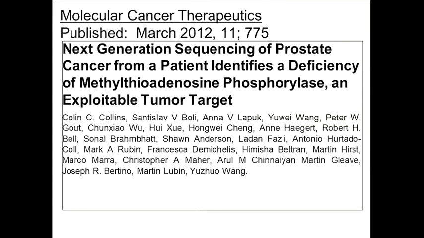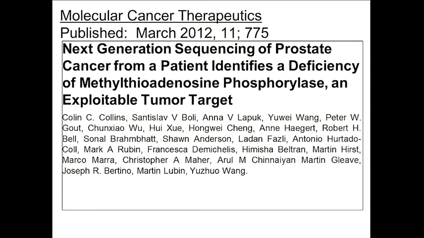Another study which is quite interesting in terms of the use of this combination in solid tumors was published in 2012 by the group in Canada, Dr. Collins and his colleagues. They were interested in sequencing prostate cancer cells with next generation sequencing.